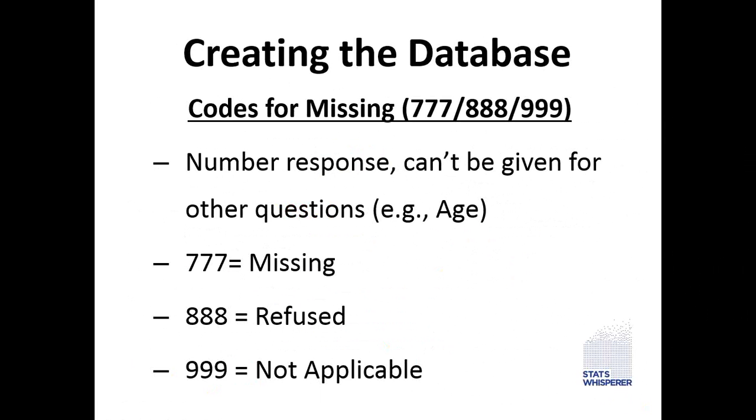And when it's not applicable, we can call that 999. So that's in instances such as, I say, during your last skiing trip, did you enjoy A, B, or C? And the person says, I've never been skiing. That could be not applicable. That could be 999.